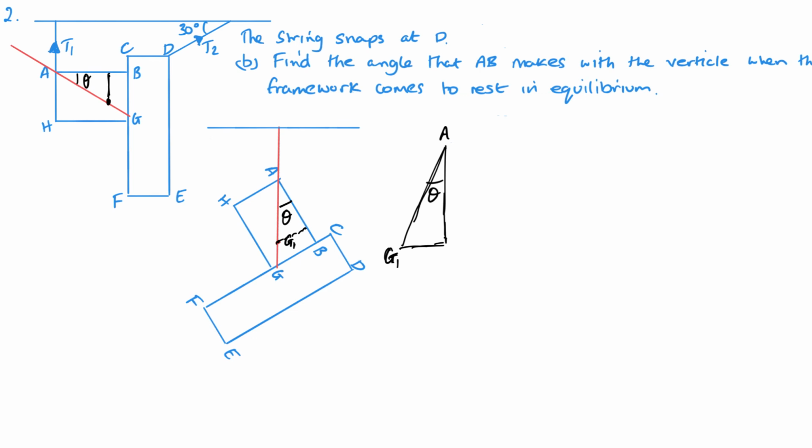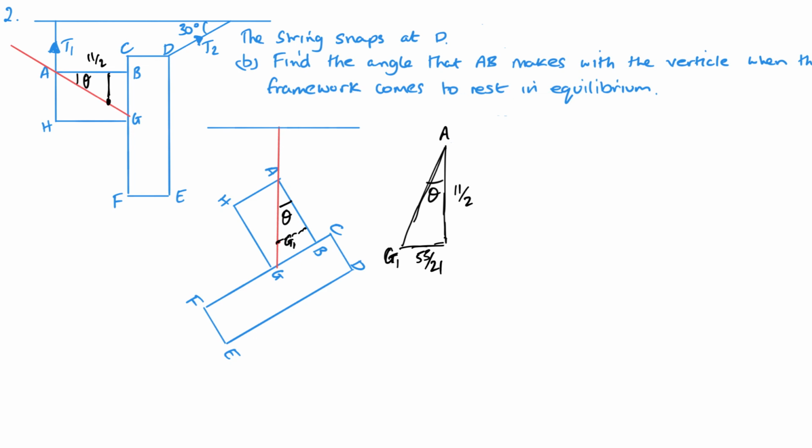What we know is that this horizontal distance here is still the same as before, which is 11 over 2, which is my A in the direction of B. And then this is minus 55 over 21, which as a distance would just be 55 over 21.